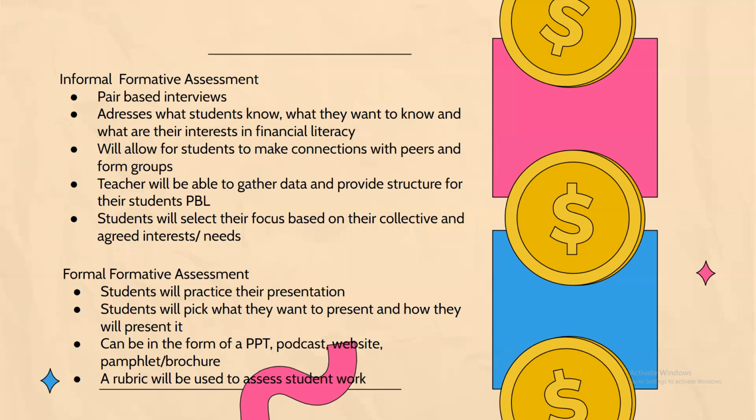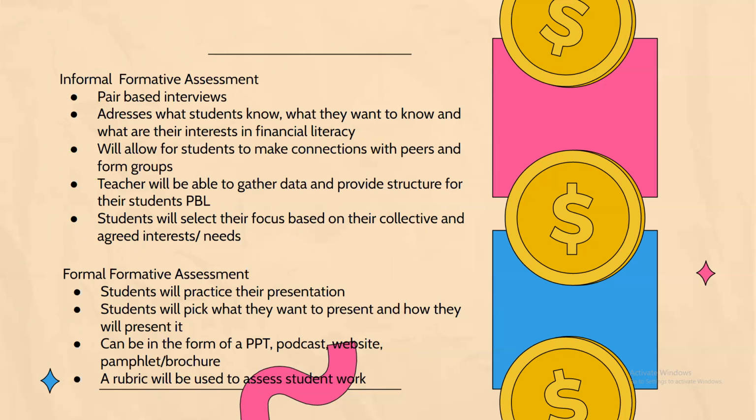This will allow students to make connections with other peers as well and form groups. At this time, teachers can also gather data and that way provide more structure for the students' chosen project-based learning. Students will also select their focus based on what the whole class agrees and is interested in.